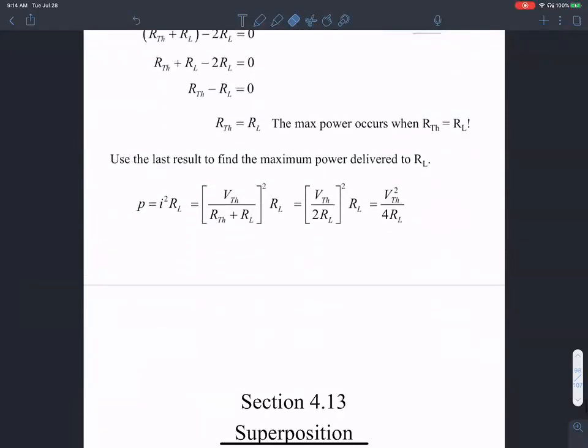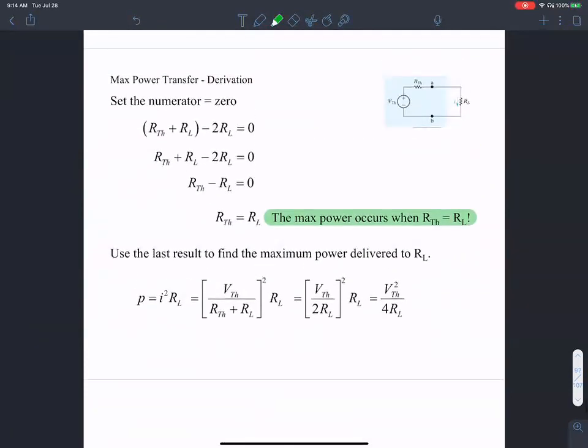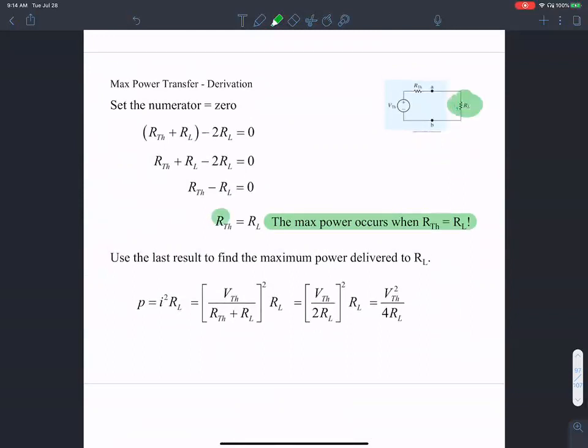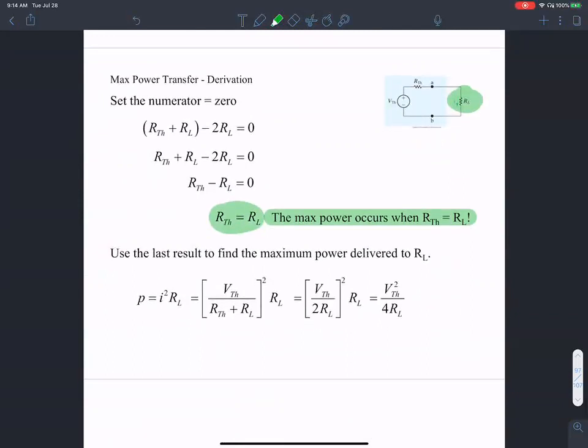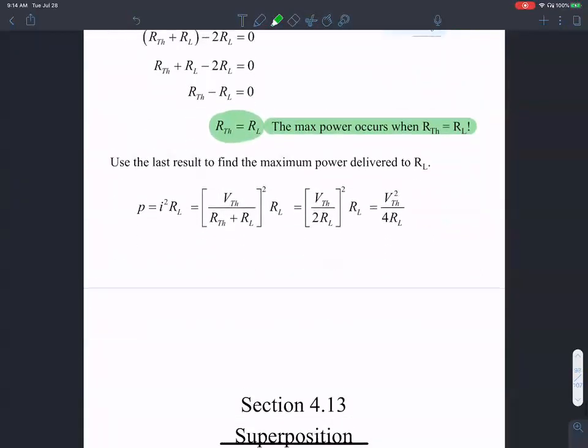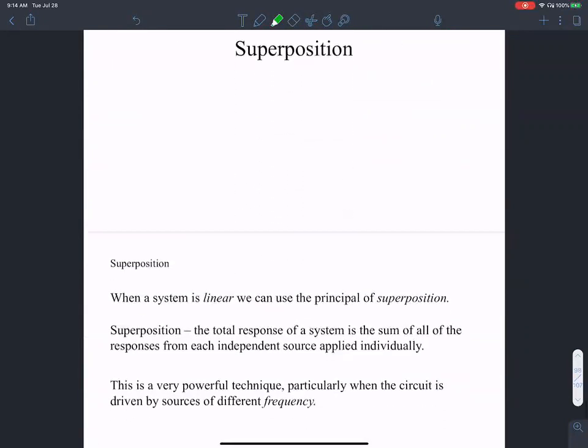The conclusion is of importance to us: the maximum power is delivered to the load RL when R Thevenin, or the source resistance, equals the load resistance.